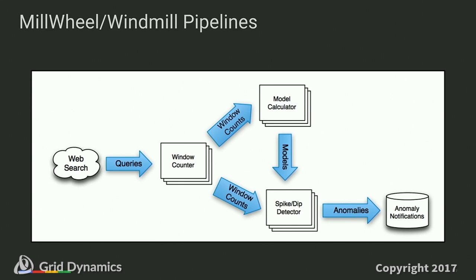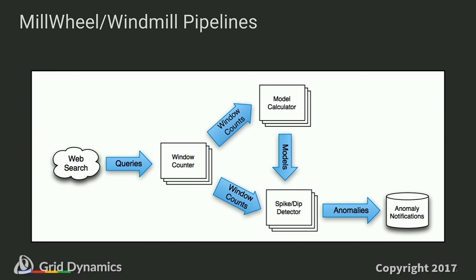In contrast, when Reuven talks later about MillWheel and Windmill, these are more of a lower level type of stream processing system. When you're writing a MillWheel pipeline or a Windmill pipeline, if you could write one directly, you're very much describing nodes in a system, saying here I'm going to have a node that's going to receive RPCs, and you're going to perform some amount of logic in it, and you really build up this graph yourself very manually.